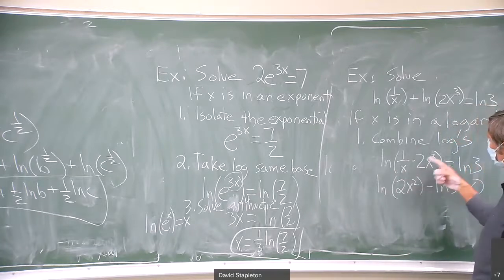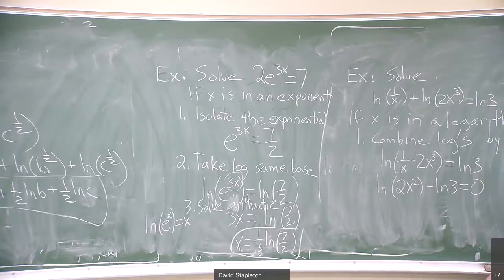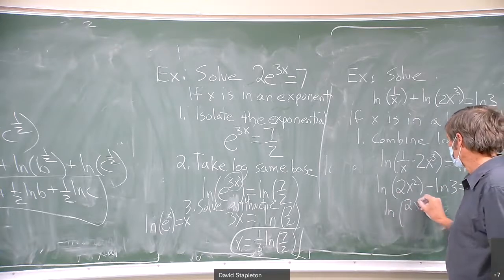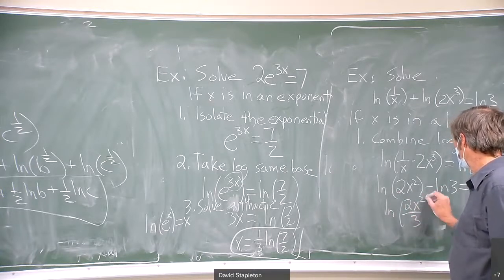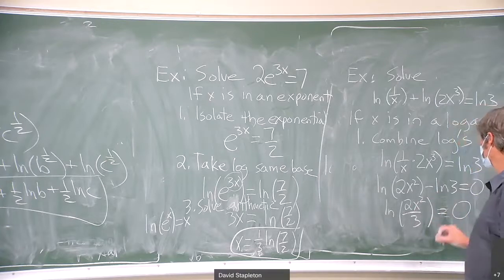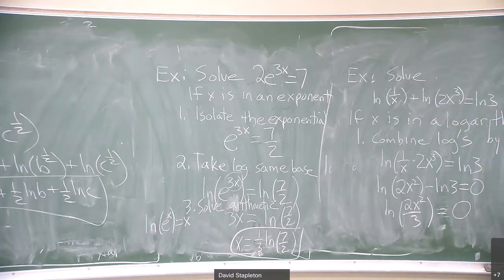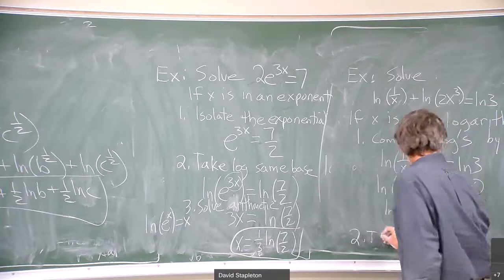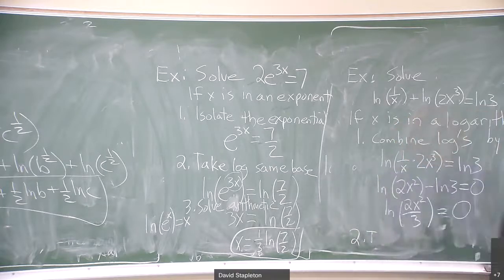So I cancel part of these out and then subtract this over. Now, difference of logarithms, I write as ln of 2x squared over 3. So you combine the logarithms like that and then take the exponential. And that gets x out of the logarithm.